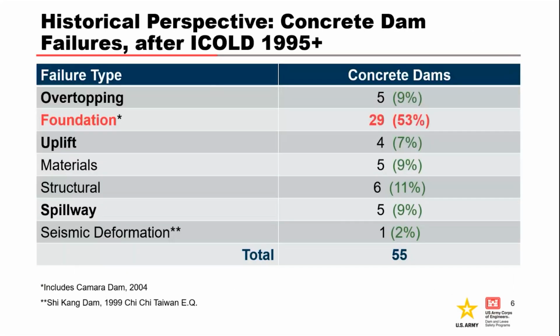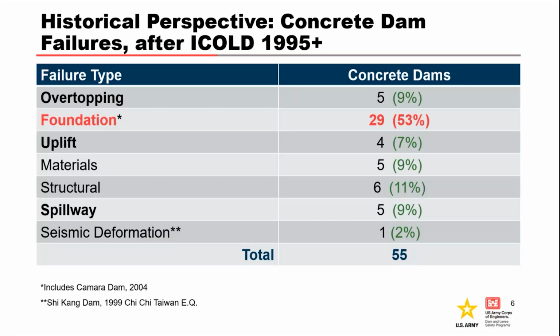So here's a list of historic failures of concrete dams. The main point of this is to point out that the majority of historical concrete dam failures have been the result of foundation deficiencies and poor performance.